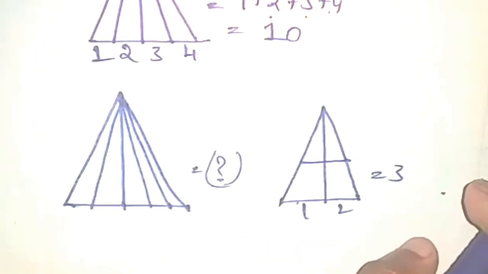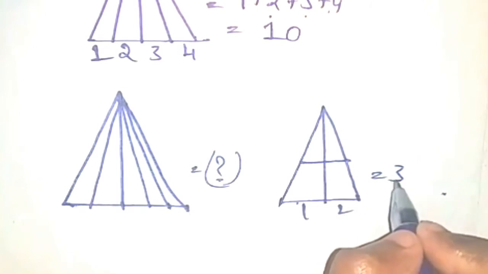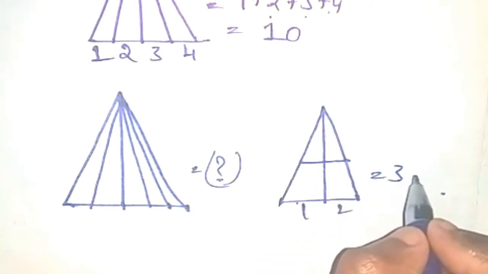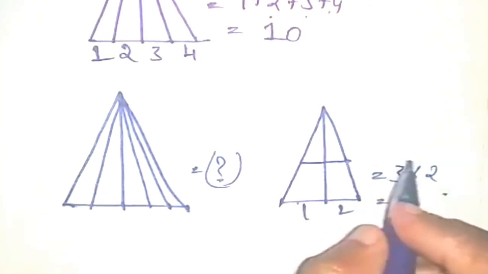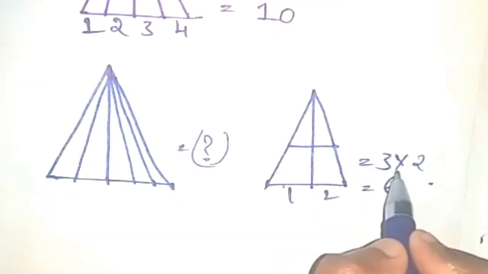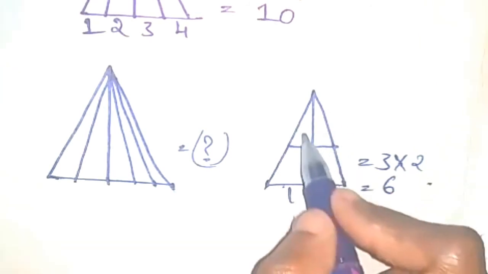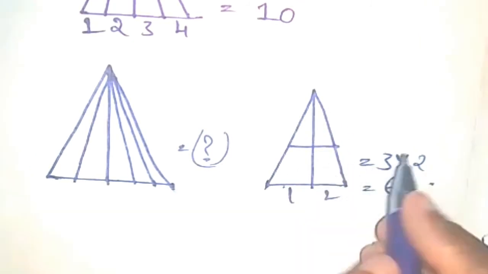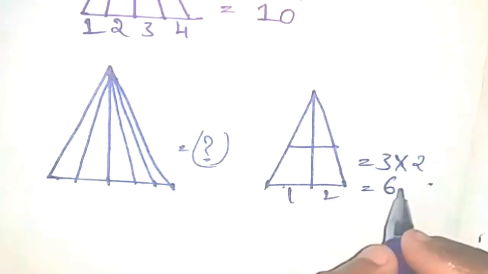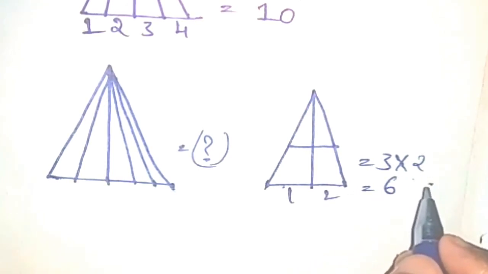Simple, just the number we got, multiply that by 2. 6 triangles are there. Okay, why 2? Because here we are dividing it into equal parts, right? So we have to multiply the number of triangles which we got by 2. Then we'll get the total count.